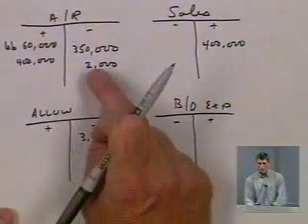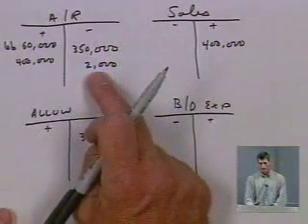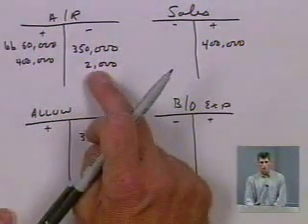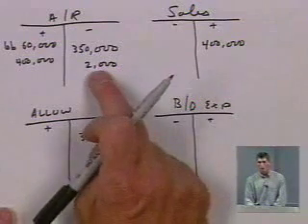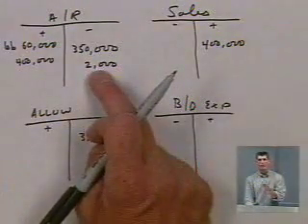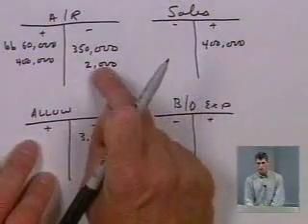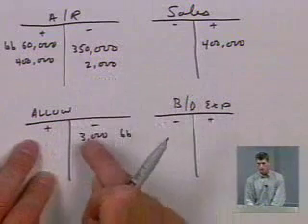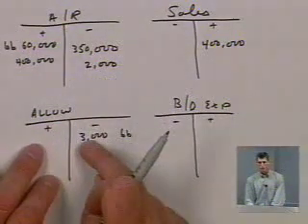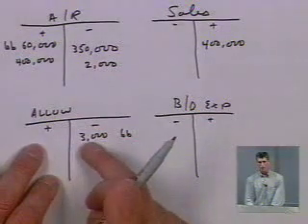Now, in the past, you've already estimated that some accounts were going to go bad, and now all we're doing is saying, yes, we were right. Some accounts are going bad. We've simply identified those accounts. And so this $2,000 of bad accounts is included in the amount we've previously estimated, which is included in this allowance number right here, the $3,000.